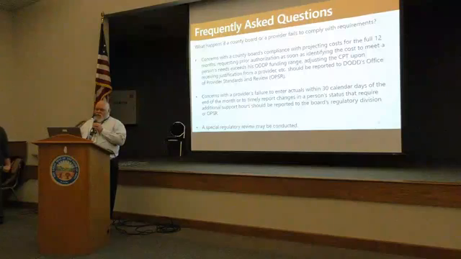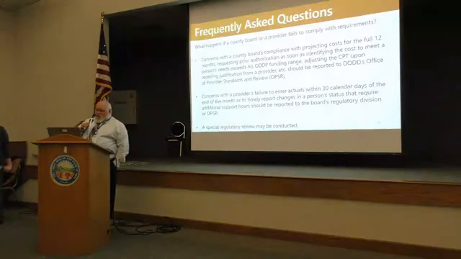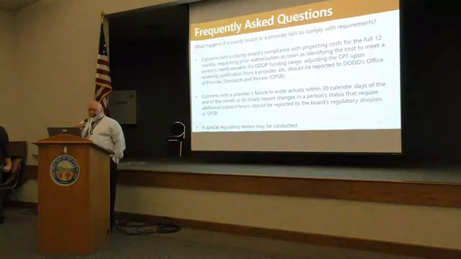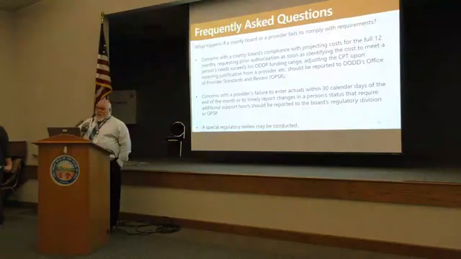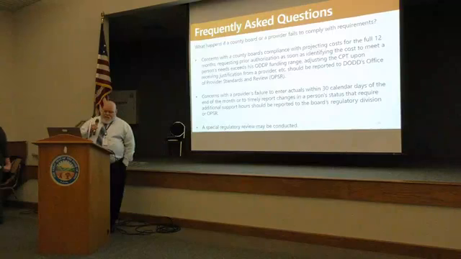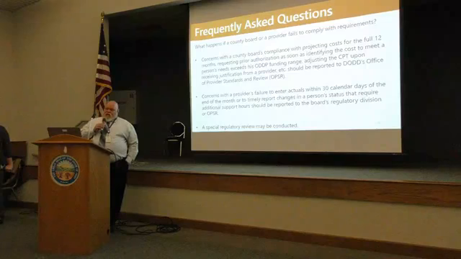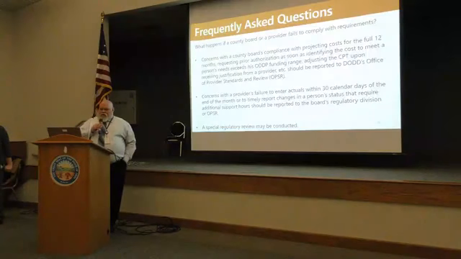What happens if a county board or a provider fails to comply with requirements? Concerns with county board's compliance with projecting costs for the full 12 months, requesting prior authorization as soon as identifying the cost to meet a person's needs exceeding the DDP funding range, adjusting the CPT upon receiving justification from a provider, etc., should be reported to DODD's Office of Provider Standards and Review.